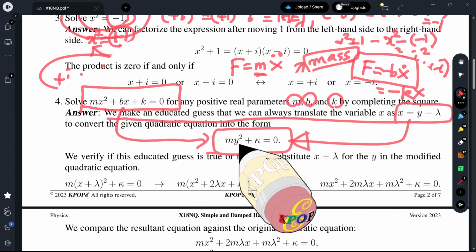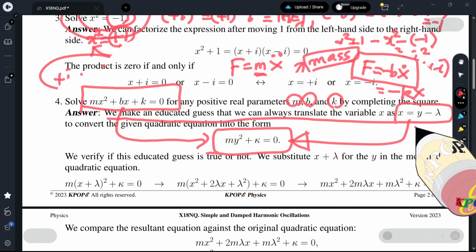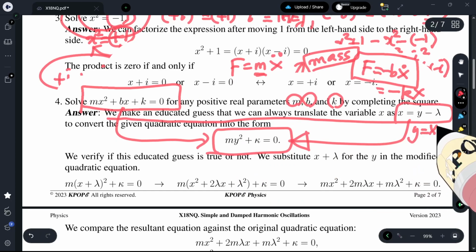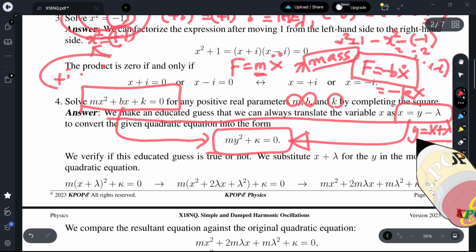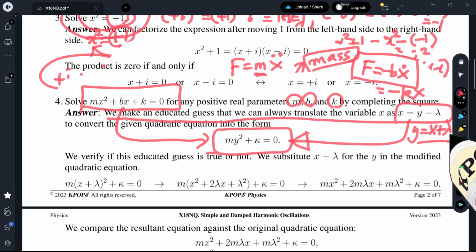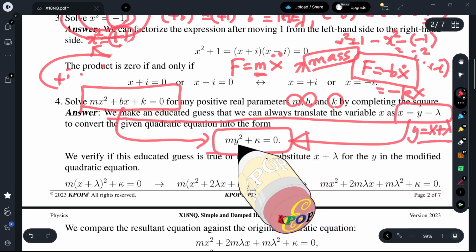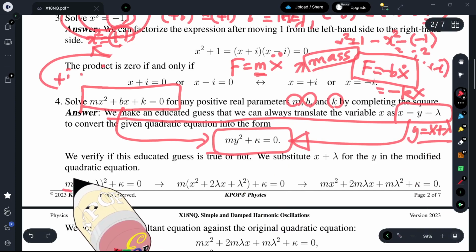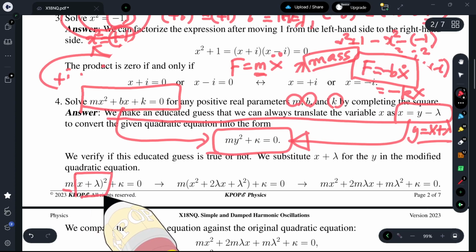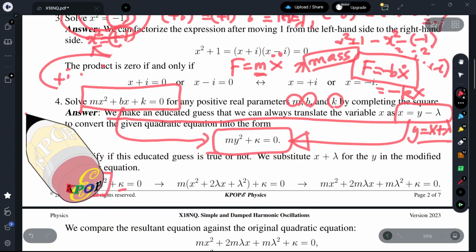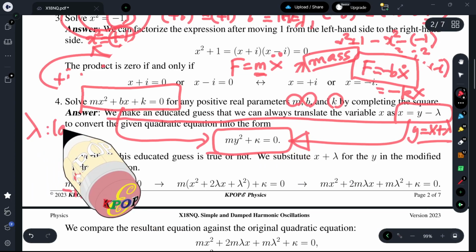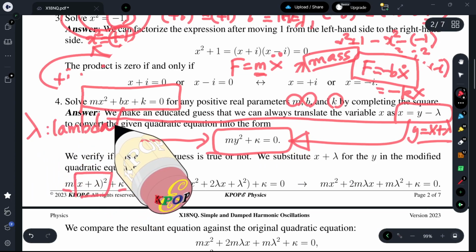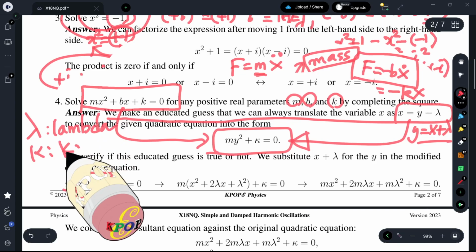Substitute y equals x plus lambda, where lambda is a constant. We substitute x plus lambda for the y in here. Then we have m (x plus lambda) squared plus kappa. This is lambda, and this is kappa.